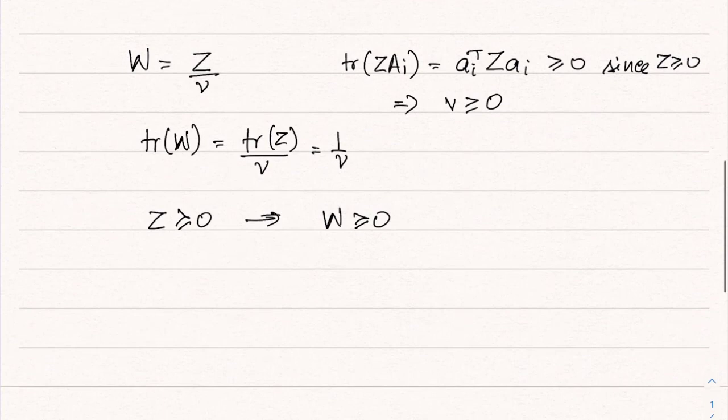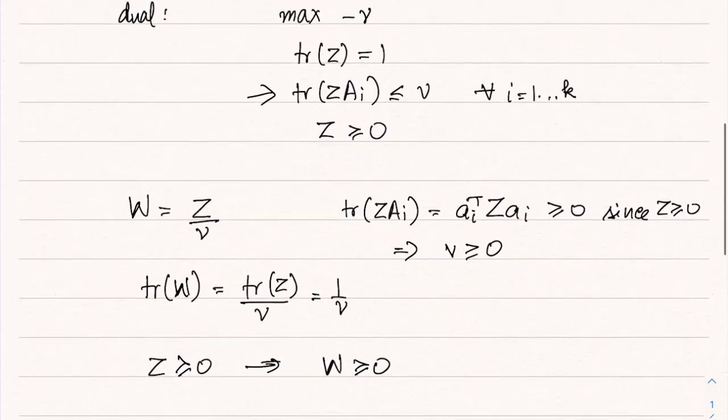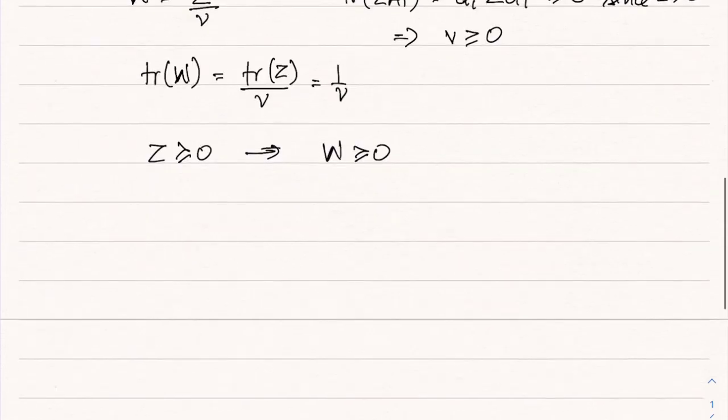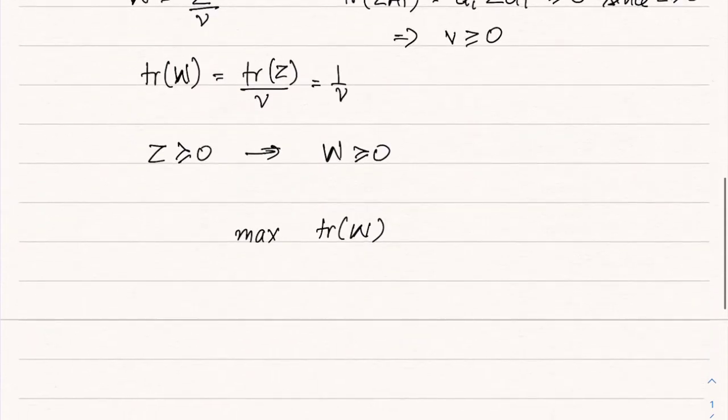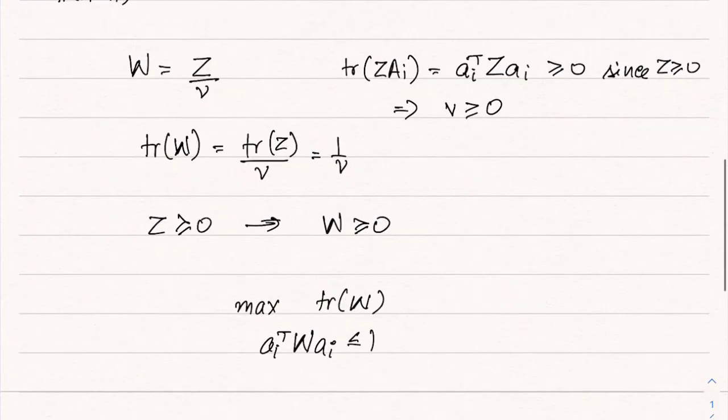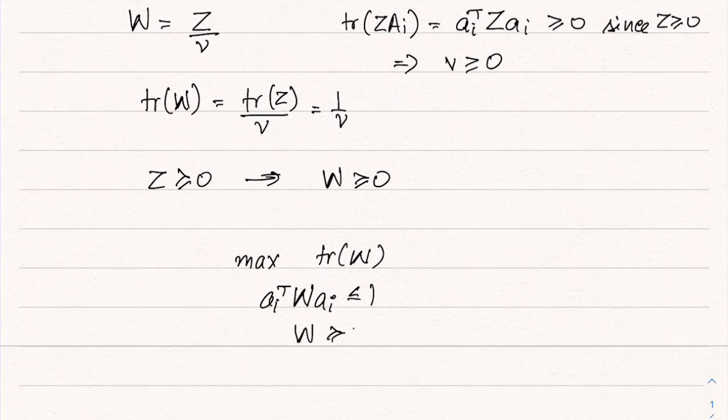So instead of maximizing minus nu, we can maximize trace of W, subject to the constraint trace of W A i less than or equal to 1, or we can write it as a i transpose W a i is less than or equal to 1, and W is PSD.